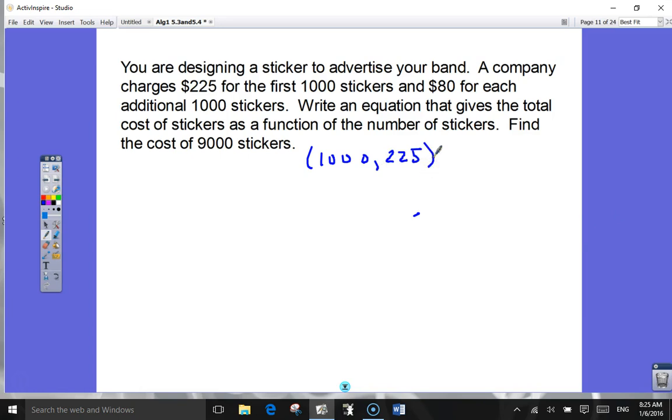The next one is not a point, is it? We already have 1,000 comma 225. We don't also have a 1,000 comma 80. What does that actually represent? That's how much it costs for each additional 1,000 stickers, so that's actually a slope.